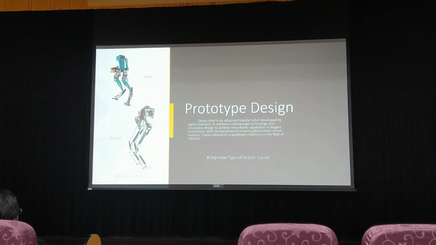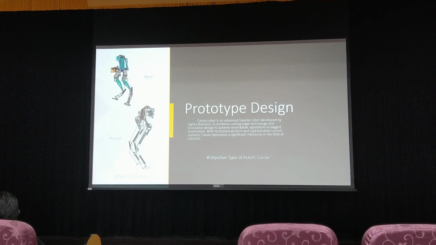First, in the beginning of this research, our professor wanted to use some motors we already have in our lab, and we wanted to make a new type of robot, which is different from the robots in our lab, like Torman or B3, which are humanoid robots. So we found this interesting robot, which is Cassie. Cassie is developed by Agility Robotics, and it has some special features.